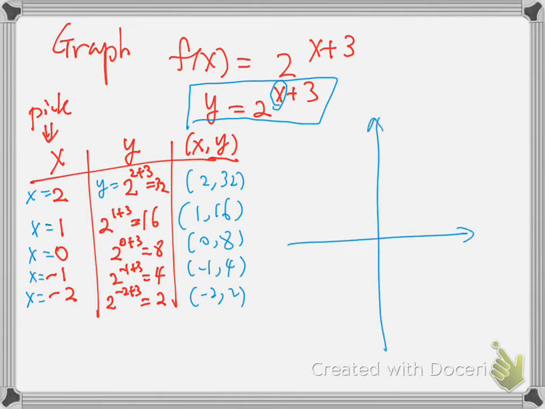So the most important point is (0, 8), right? That's our y-intercept. So the graph will pass number 8 here, and then (-1, 4), (-2, 2), (1, 16), so much higher, (2, 32), somewhere here.